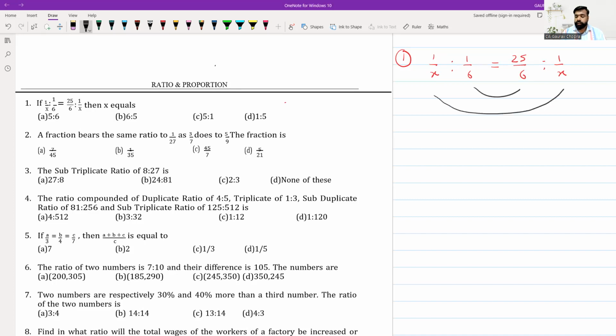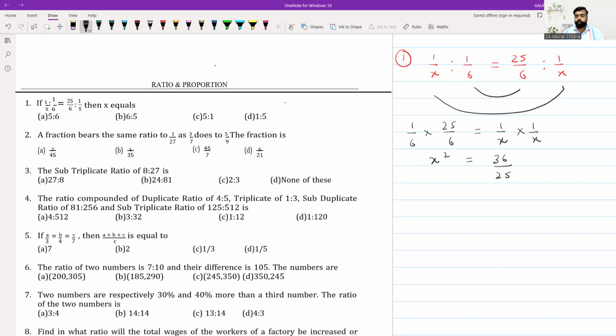So there are two ratios in this question, and these two are in proportion. Applying the rule, product of extremes is equal to product of means: 1 by 6 multiplied by 25 by 6 is equal to 1 by x into 1 by x. Let's do some simplification. x square equals 36 by 25.